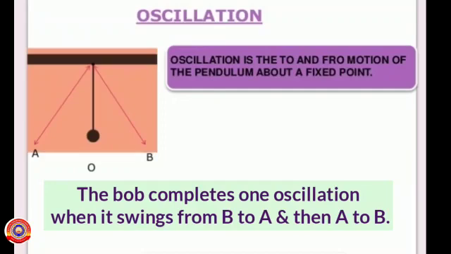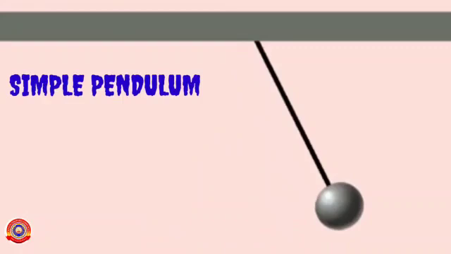Once again, oscillation is the to and fro motion of the pendulum about a fixed point. The bob completes one oscillation when it swings from B to A and then A to B. This arrangement is known as simple pendulum.